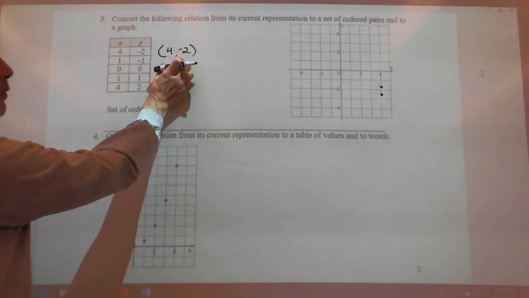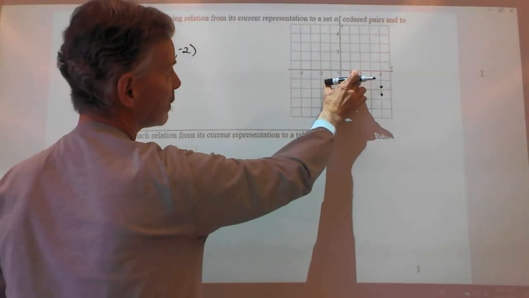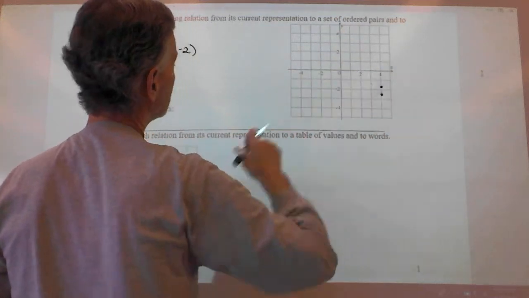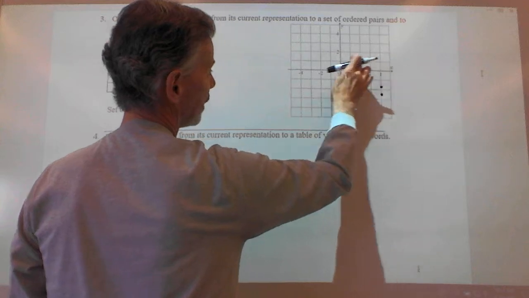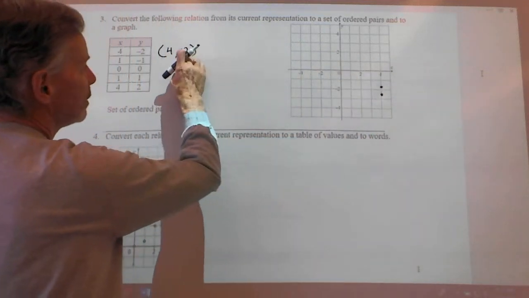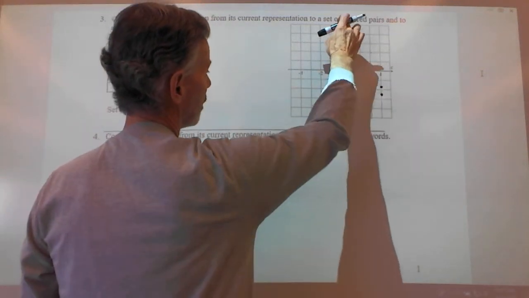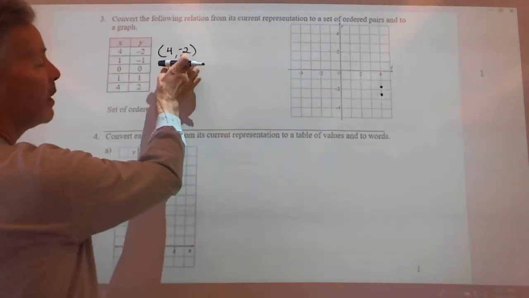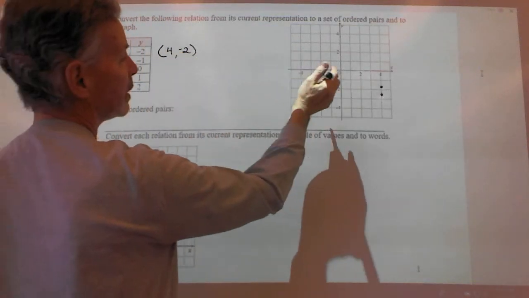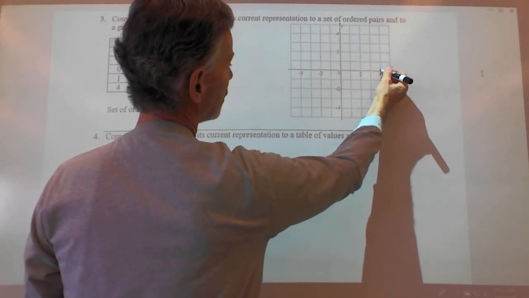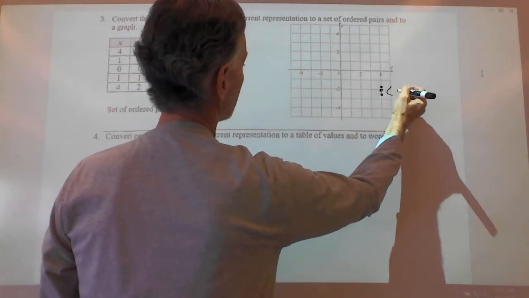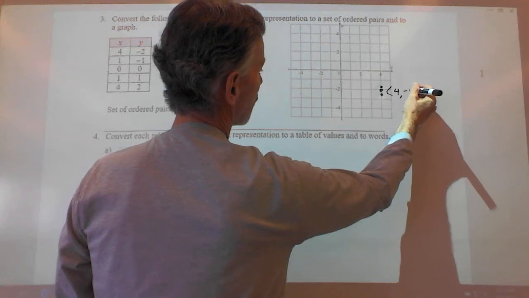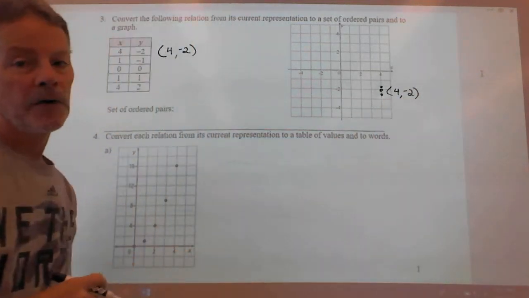Once you have an ordered pair, you can plot it on this grid, remembering that x is your left and right from the origin, y is your up and down from the origin. So this point would be 4 across and 2 down. That point would be right there at 4 and -2.